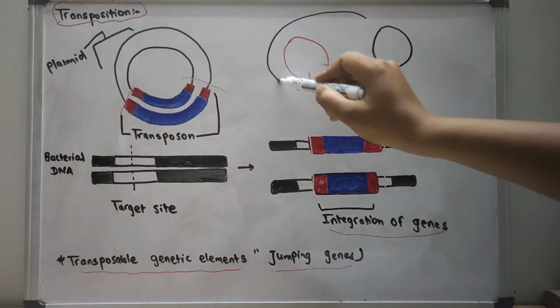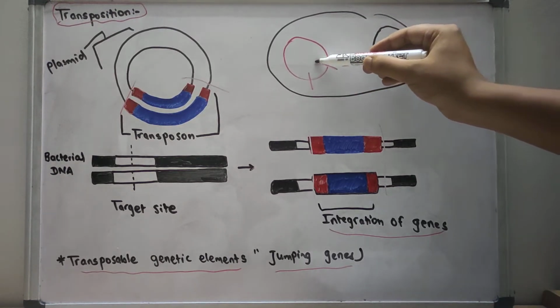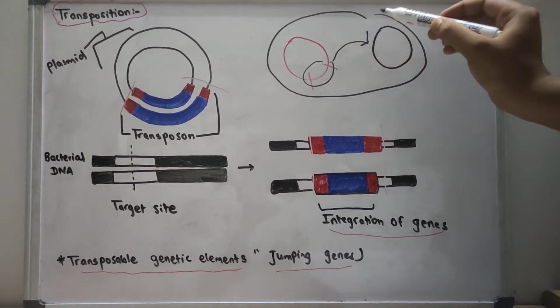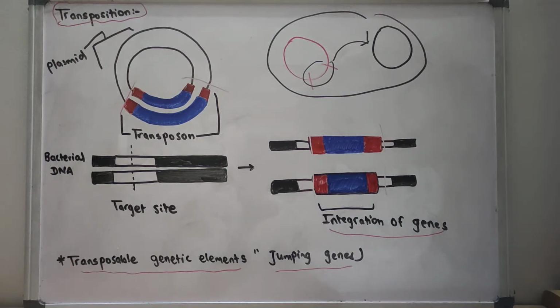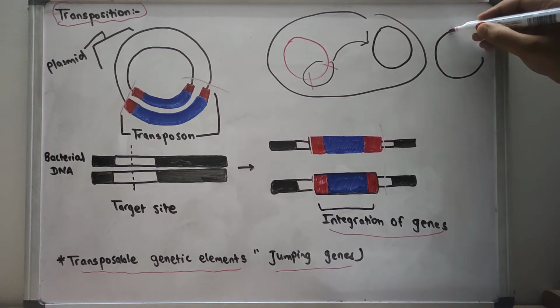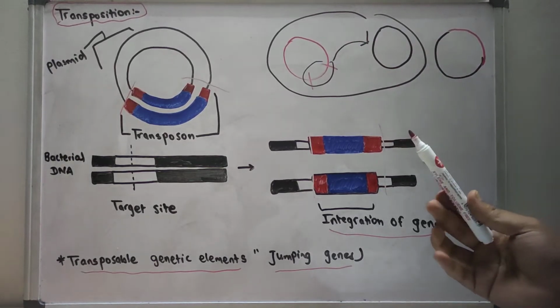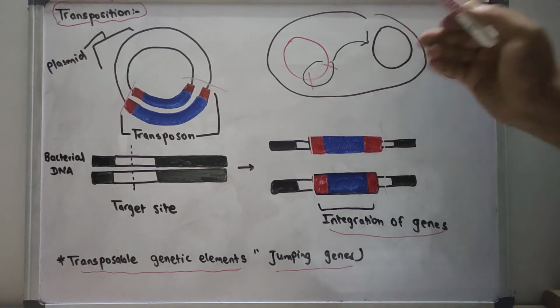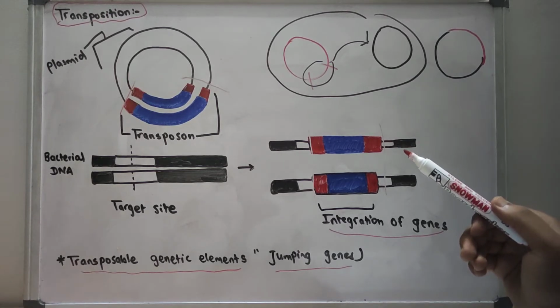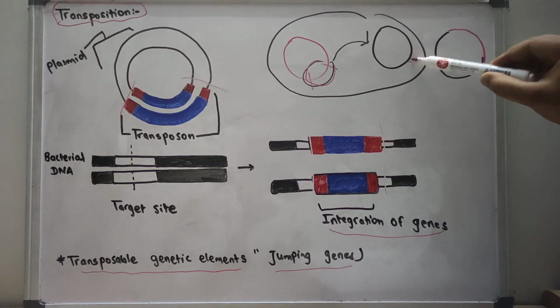So after the combination of the bacteria, if a certain part of this plasmid gets incorporated in this bacterial DNA, the new DNA will be like this. So this certain part of the chromosome or the plasmid gets incorporated into the plasmid of the new bacterium, and the property of this drug resistance is acquired by this new plasmid.